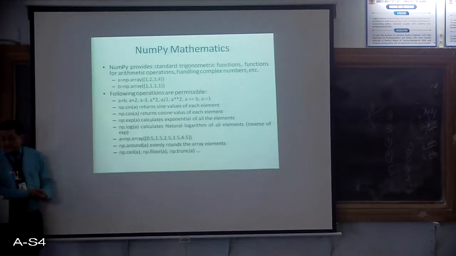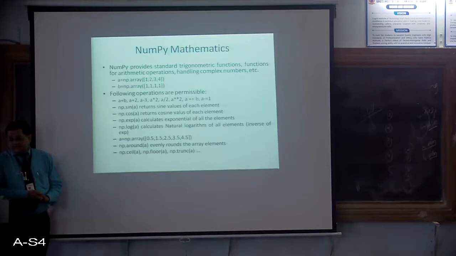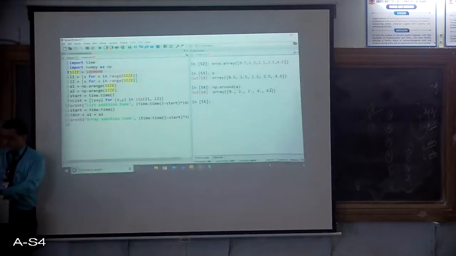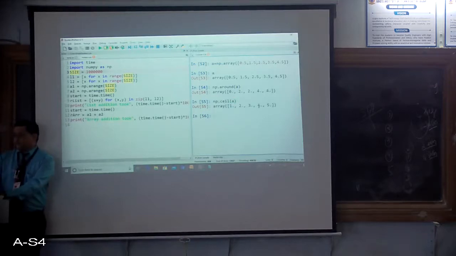You also have functions such as ceil and floor. Ceil will take it to the next value. Instead of round, if I say ceil of a, it gives me 1.0, 2.0, 3.0, because the nearest higher value for 0.5 is 1.0, the nearest higher value for 1.5 is 2.0, and so on.